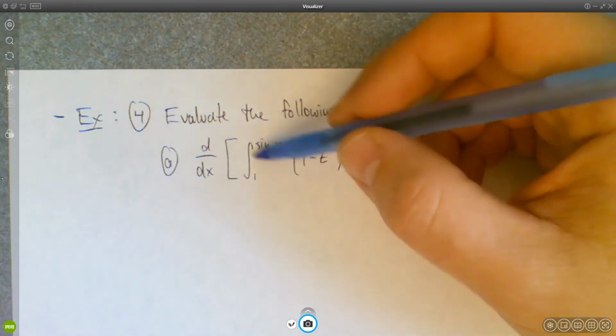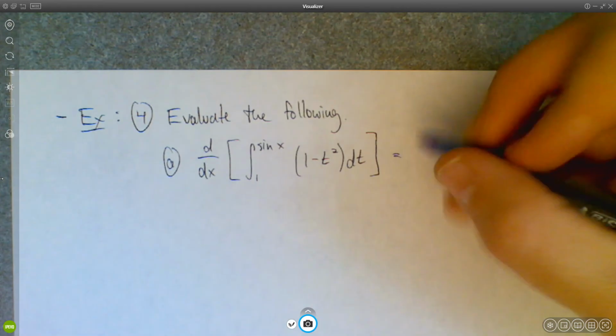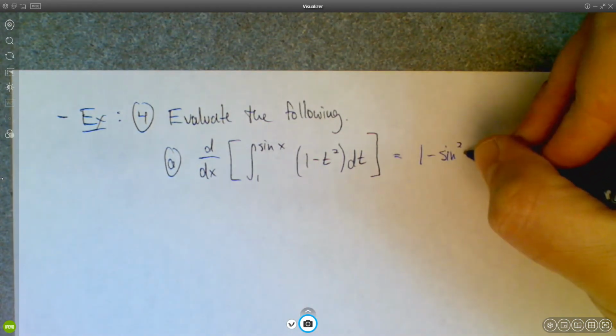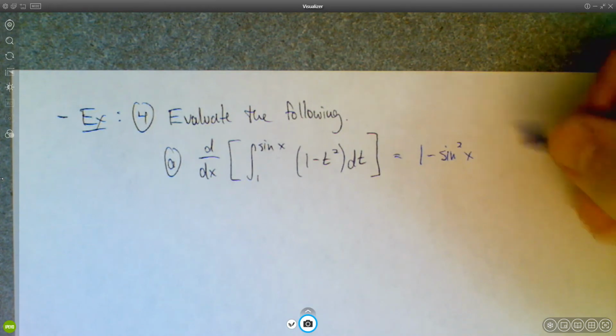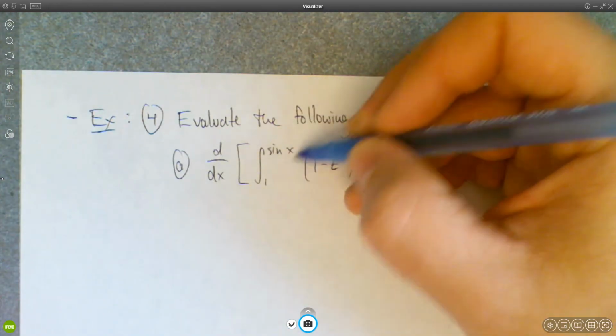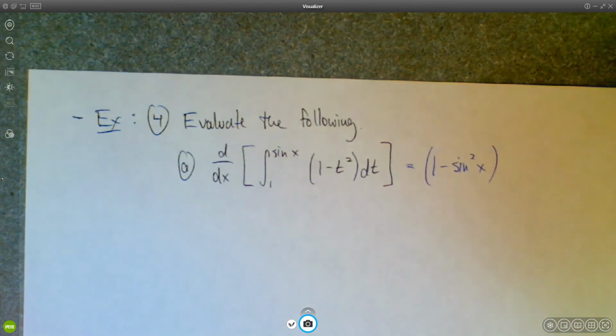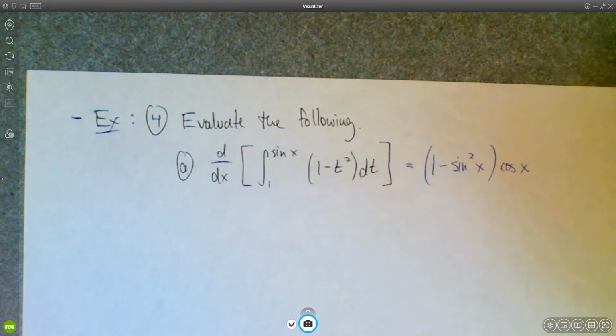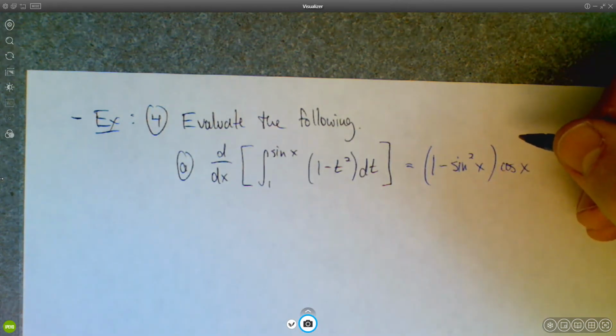You can just plug this in for t. So we're going to get 1 minus sine squared x. But then you have to multiply that by the derivative of the upper limit of integration. So derivative of sine x is cosine x. And that's that.